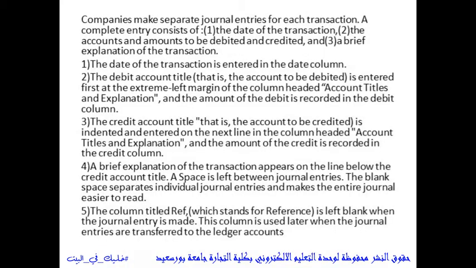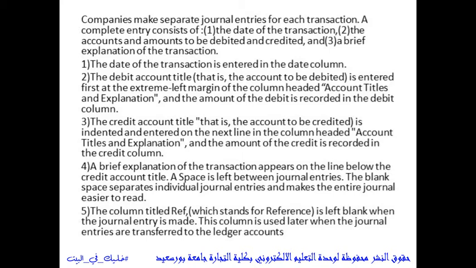Companies make separate journal entries for each transaction. A complete entry consists of number 1, the date of the transaction, number 2, the accounts and amounts to be debited and credited, number 3, a brief explanation of the transaction.